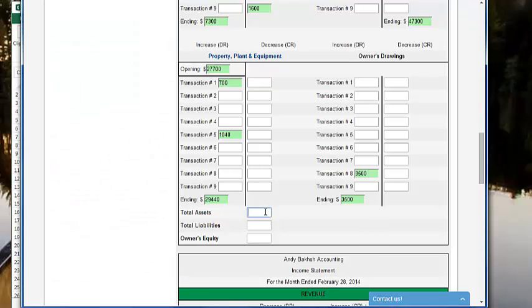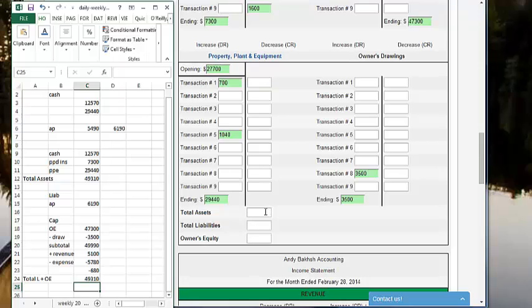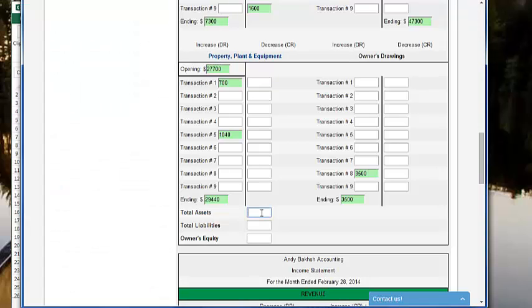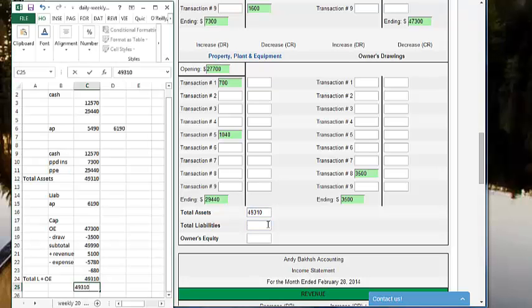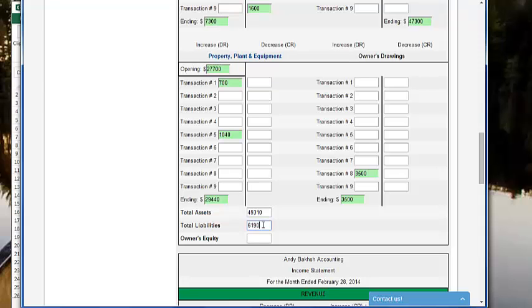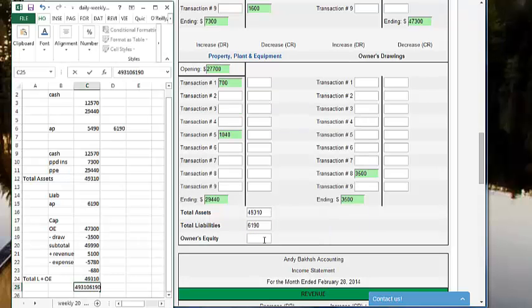Total assets were $49,310. Total liabilities were $6,190. And owner's equity, I did not add up.